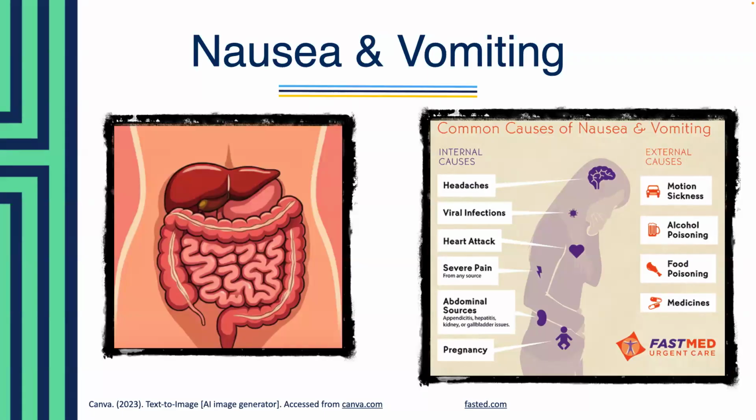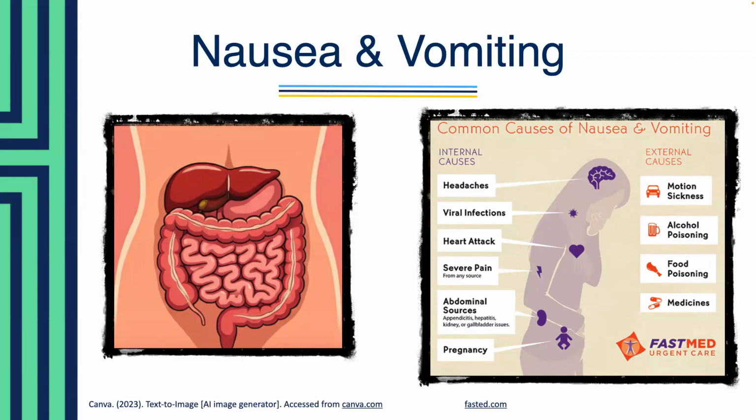Looking first at nausea, nausea is the sensation of impending vomiting, often associated with stimulation of the chemoreceptor trigger zone in the brain or irritation of the GI tract. It's that unpleasant sensation, often preceding vomiting. It can lead to hypersalivation and even tachycardia.